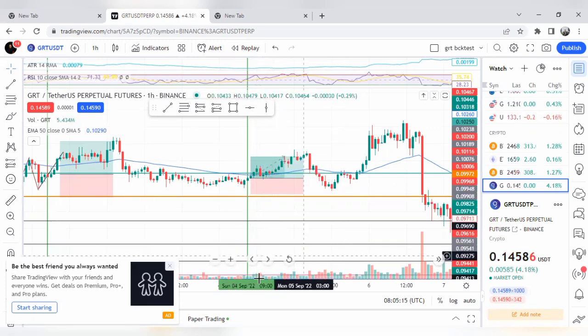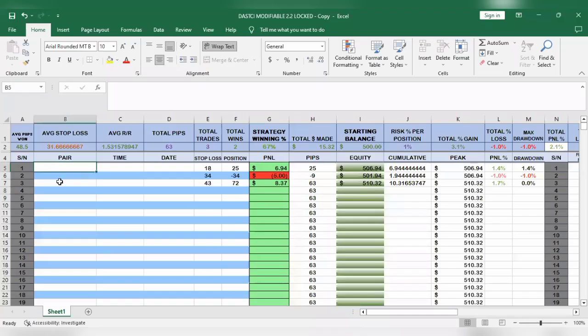So here we have the 4th of September 2022 at 9 UTC. So we're going to head over to the spreadsheet to input the 4th of September 2022. Pair is GRT/USDT.